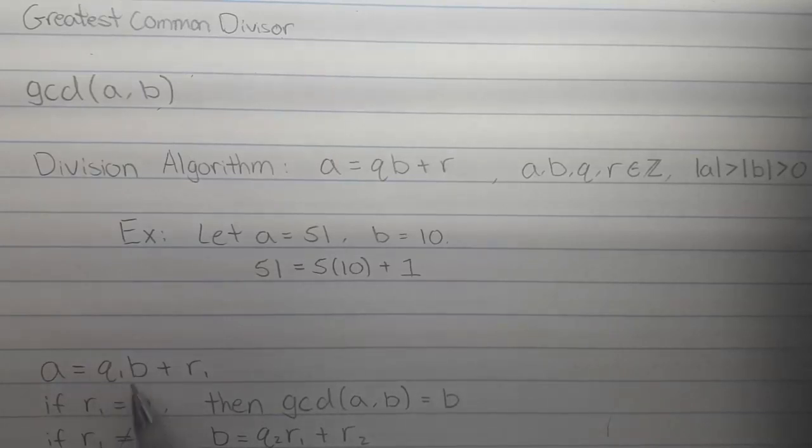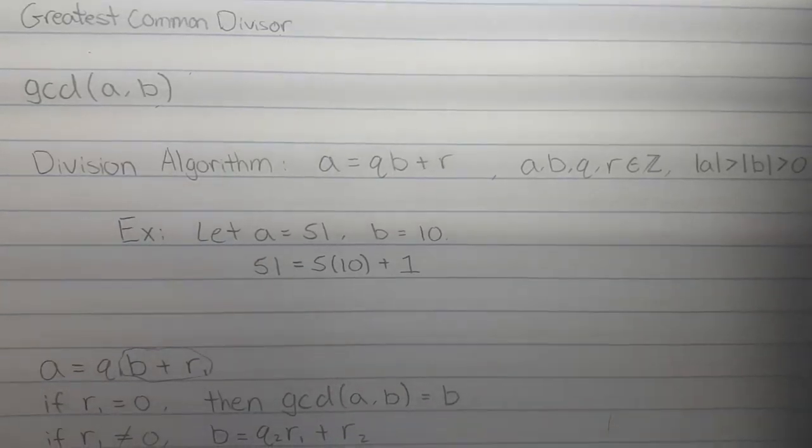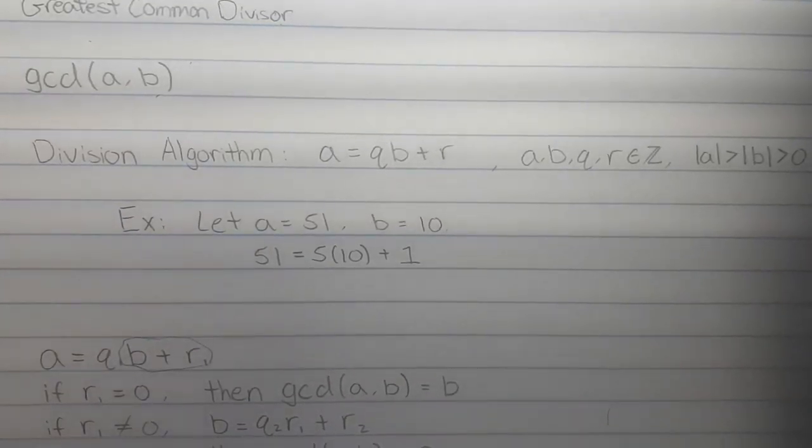So here we have our first formula. If R1 is not equal to 0, we do the division algorithm on B and R1. And so if we apply the division algorithm, we have B = Q2R1 + R2, where R2 is the new remainder.